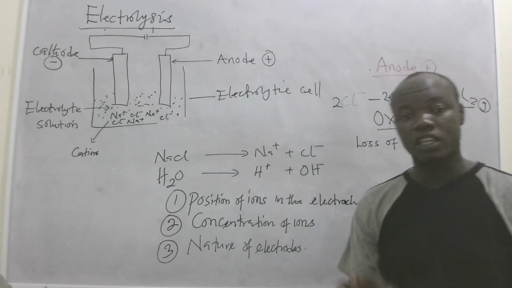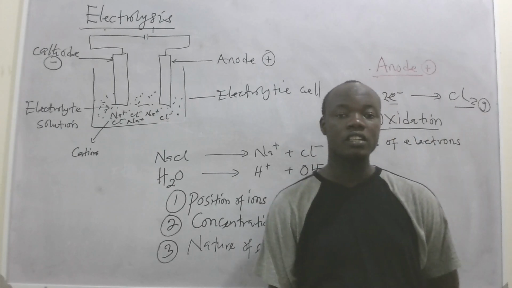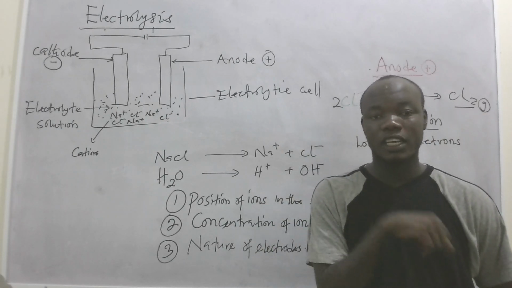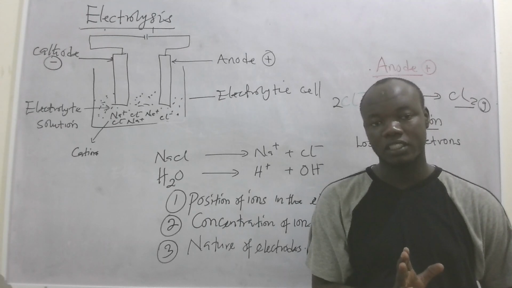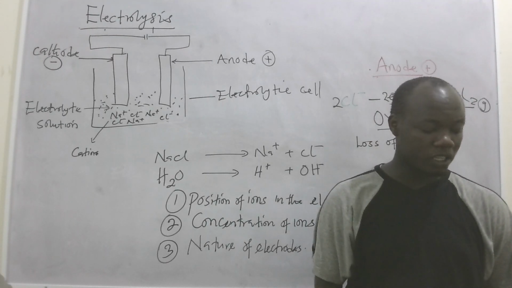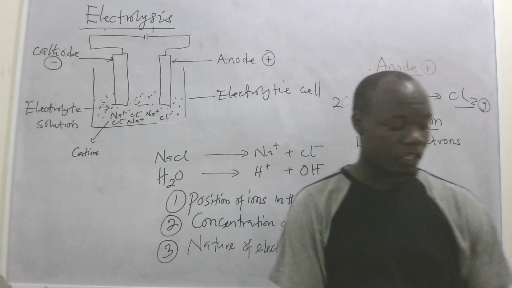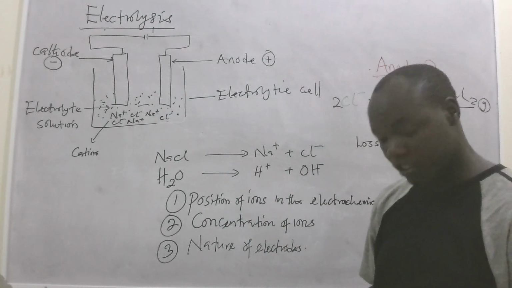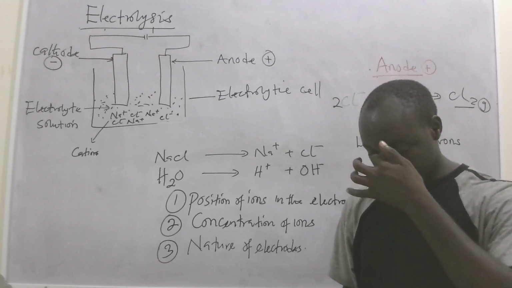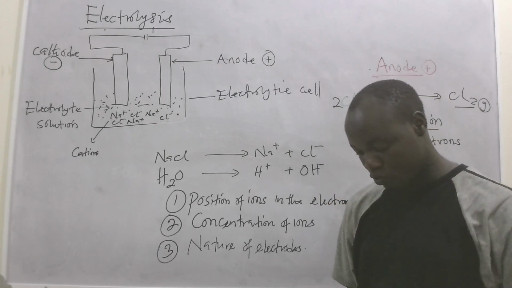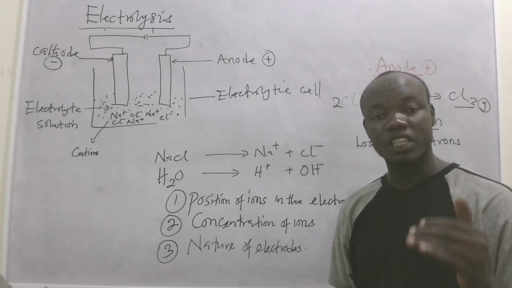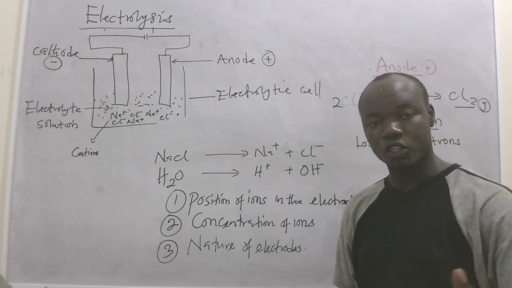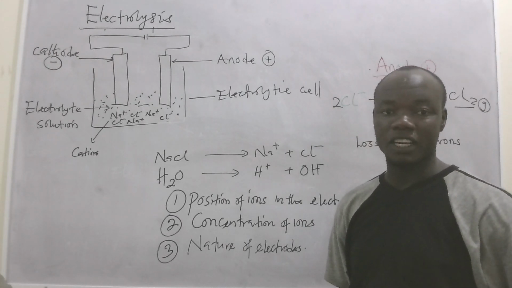So generally, elements that are higher in the electrochemical series will displace those that are lower in the electrochemical series. For example, we can have sodium, potassium, aluminum, and others. Generally sodium, potassium, magnesium are higher in the electrochemical series.